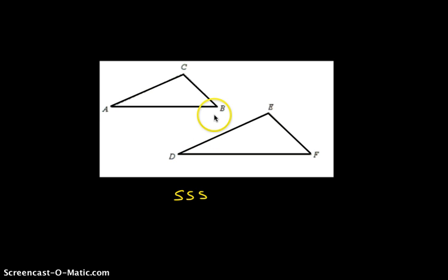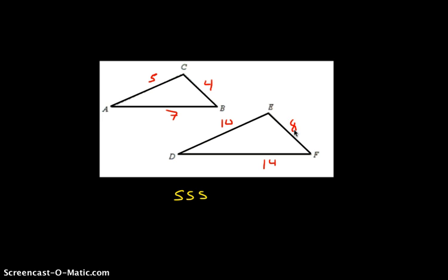So let's just say that this right here is 4. This is 5. This is 7. It may not look like it, but those are what the side lengths are. So for this, it's going to be 10, 14, and 8.